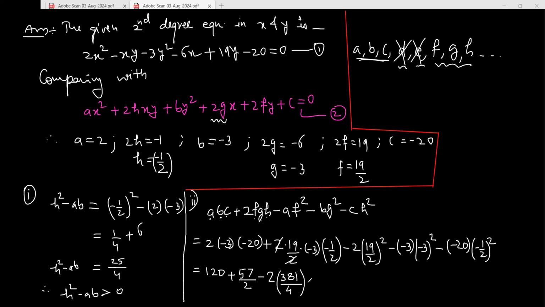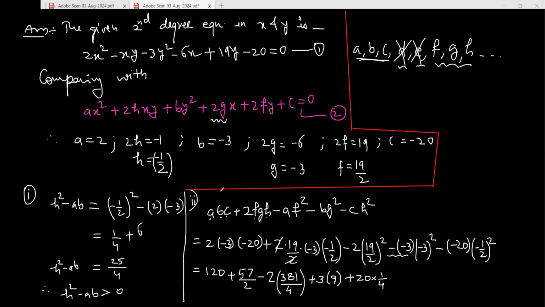Then minus this one, and then this is minus, so plus 3 into 9. Go slow. This is plus 3 and this is 9, minus 3 square is 9. Then next, minus minus plus, so this is plus 20, and this is into 1 by 4.